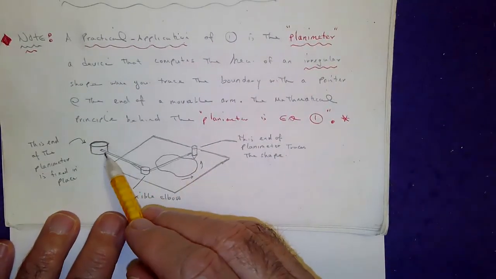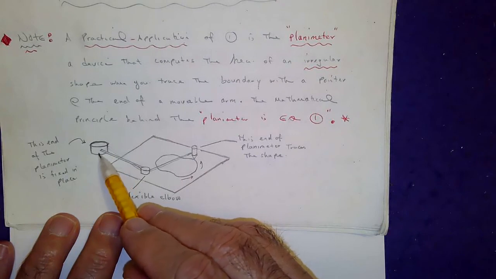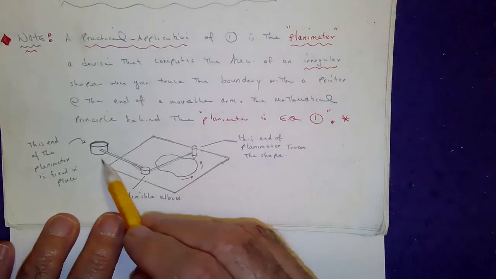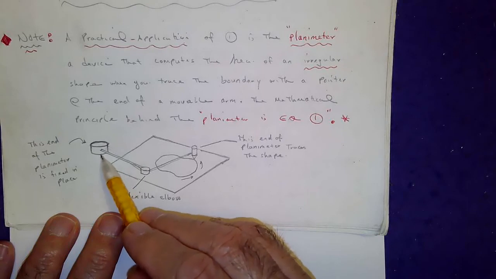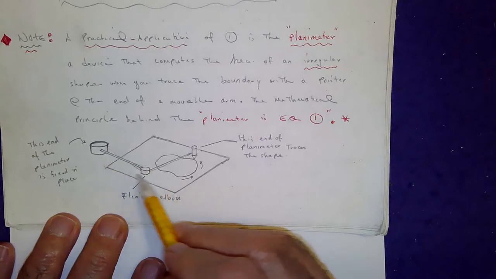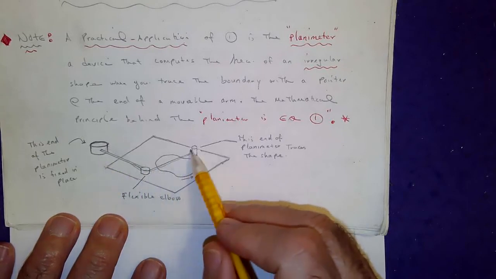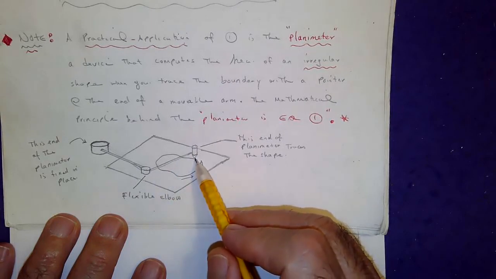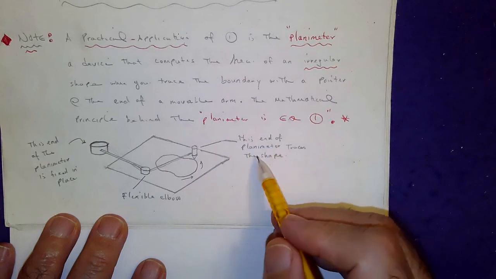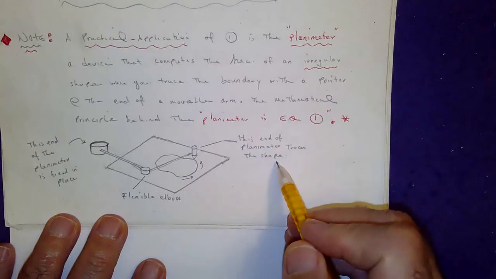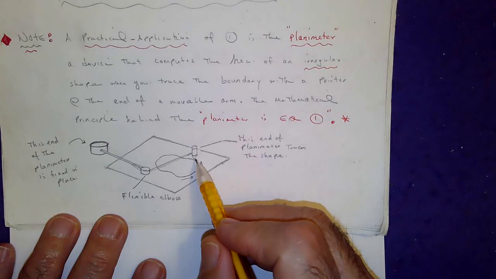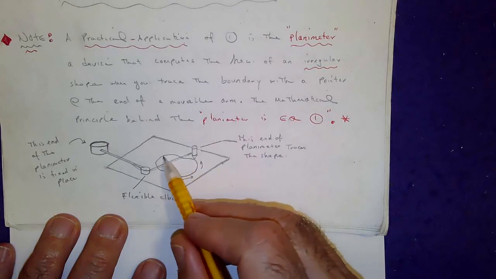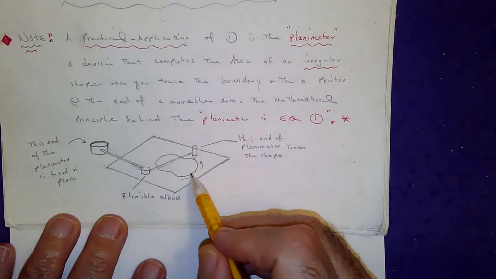So this is a fixed arm of the planimeter. So this is fixed. Then you have this elbow here. Then it has this arm here with a pen. This is the end of the planimeter, which traces the shape. So you take this pen and go around the curve, correct?